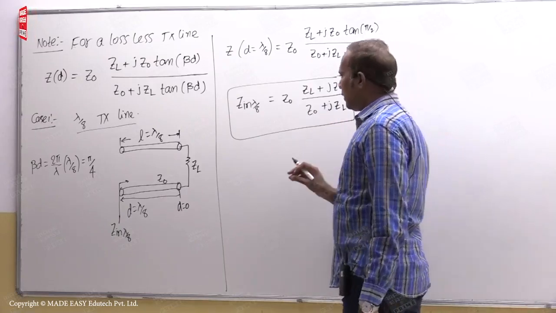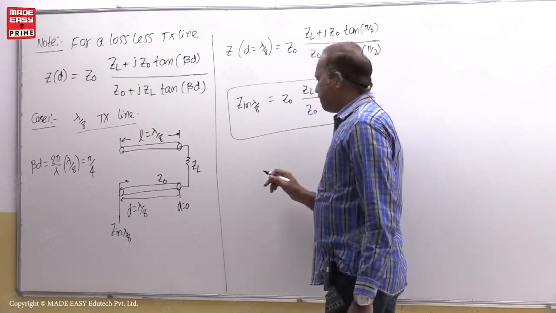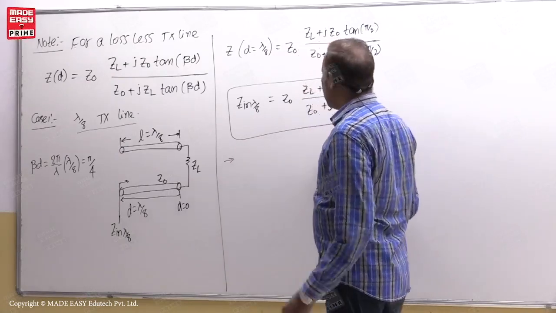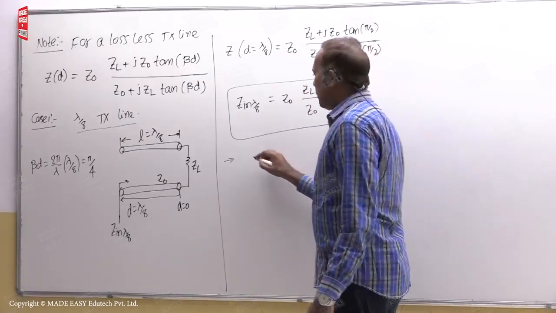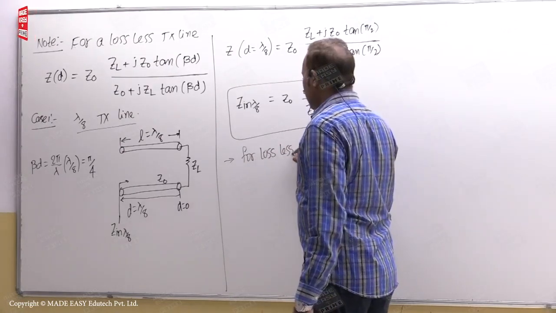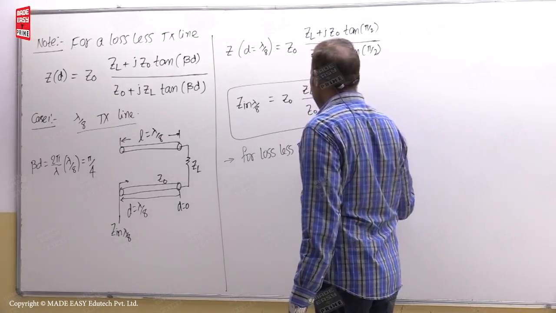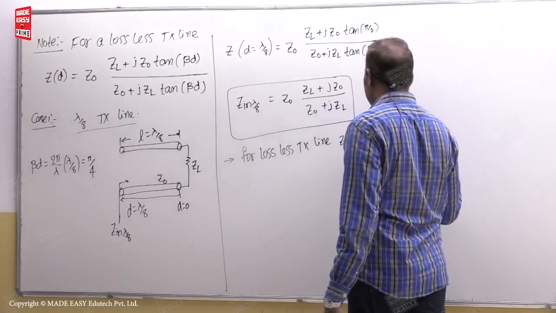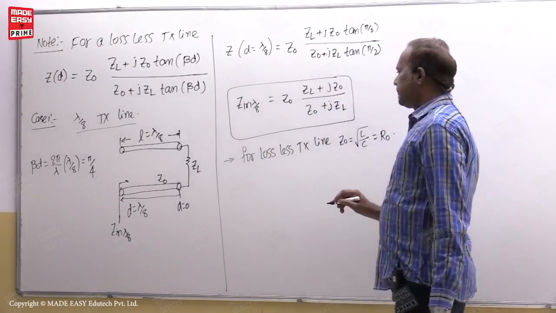Now I will tell you one simple statement here. For a lossless transmission line, Z0 is equal to root L by C is equal to R0, it is real.